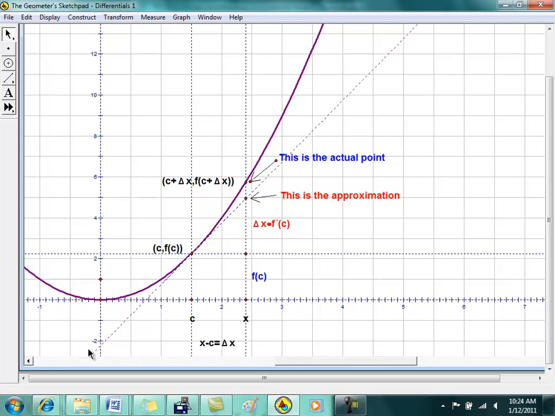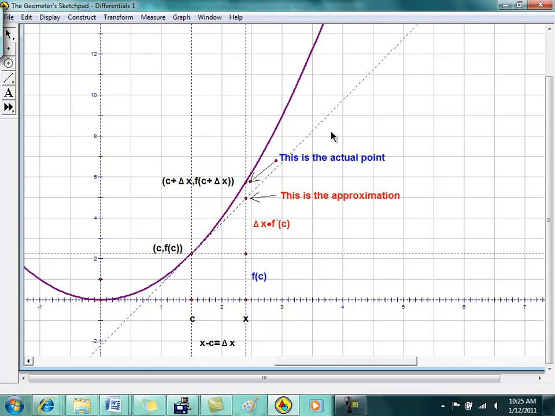Okay? So look at the notation here. You start out at this point, and you want to approximate what the function is going to be when you go to this point. And the way you do that is by looking at the x value being the same. The x value is the same for both the dark graph and the straight line. The straight line is your tangent line.